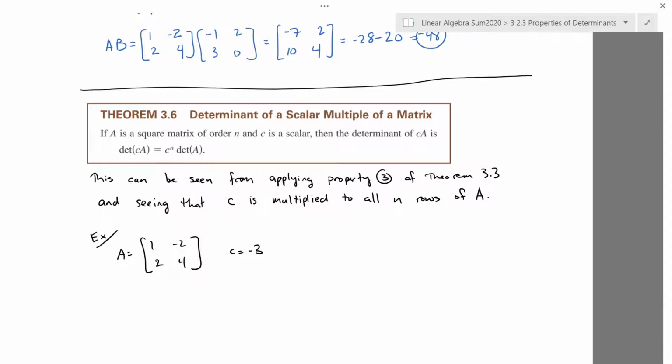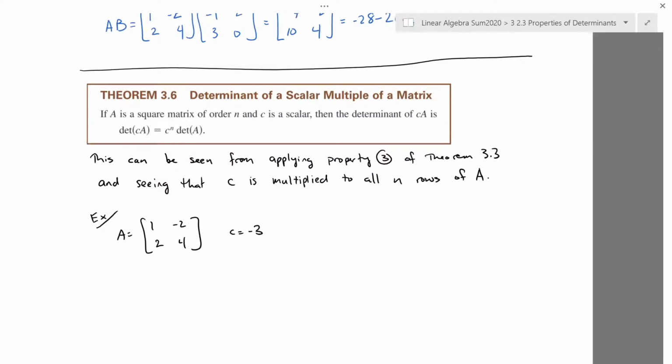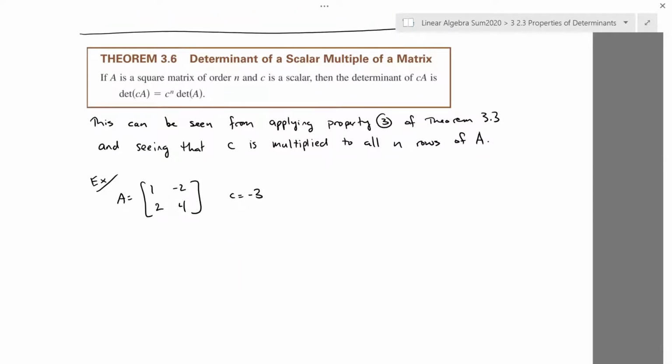This is how the determinant works for scalar multiplication. Again, let's take a look at this property in action by looking at this small example. Let's first look at c times A. c is negative 3.